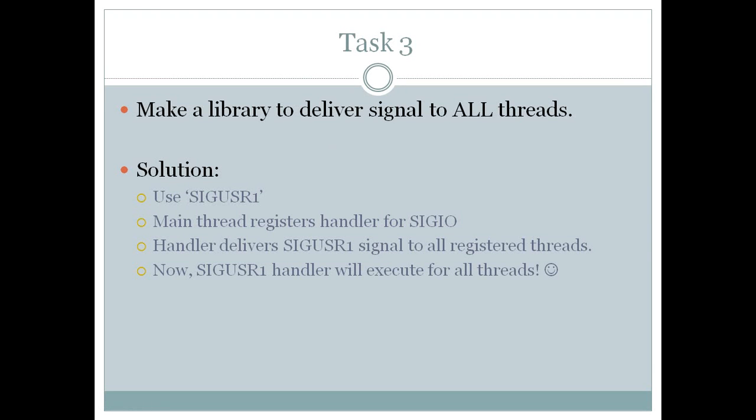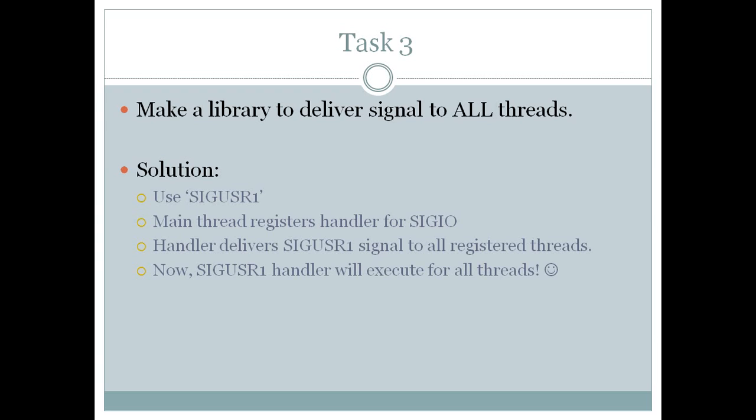Task 3 of my assignment: in Linux, a signal is delivered arbitrarily to one of the threads that has registered the signal handler. This is the case for the SIGIO signal. I wish to deliver the SIGIO signal to all the threads that have registered the signal handler.